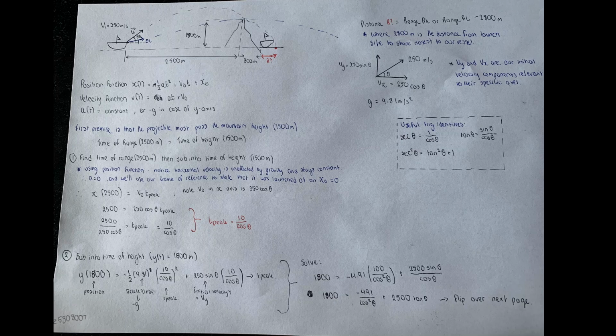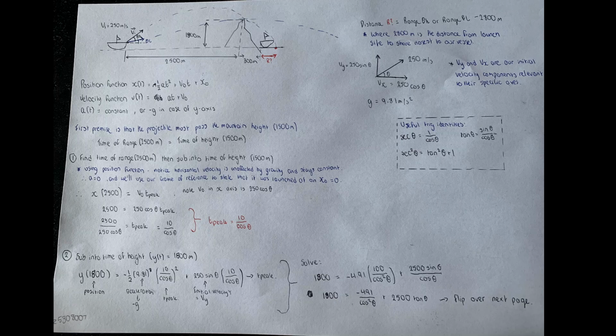The question asks us to calculate over what distance to the right of the mountain a projectile cannot hit, given that it must clear the 1800 meter height of the mountain. So we're looking at the distance from shore in which the vessel to the right is protected.